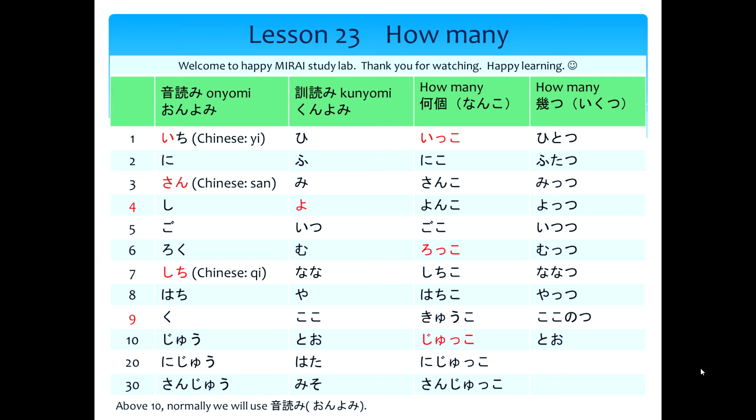All right, one last time I will read nanko in sequence. Ikko, niko, sanko, yonko, goko, rokko, shichiko, hachiko, kyuko, jukko, 20 nijuko, 30 sanjuko.